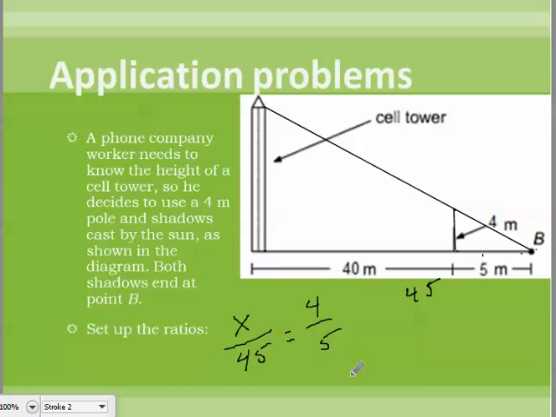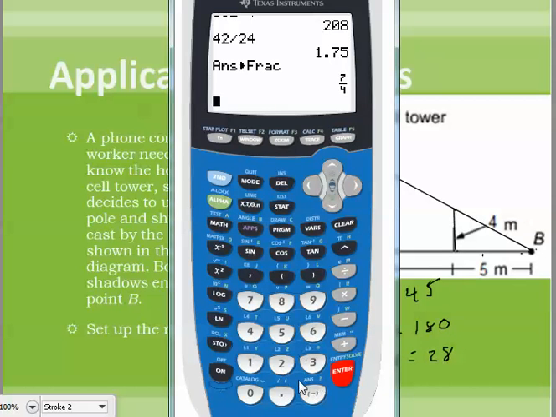Means and extremes, right? So we get 5x is equal to 160 and 20, 180. And we divide by 5. X is equal to 20 and 8, 28. Is that correct? Let's see here. 45 times 4 is equal to 180.